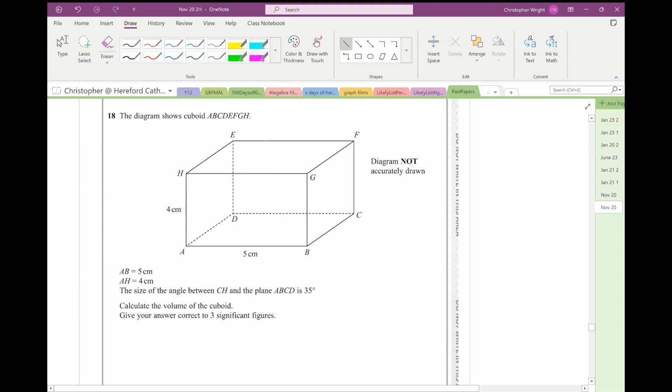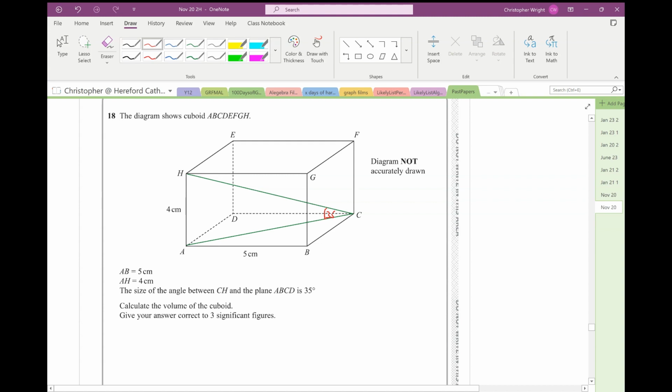And then I'm told that the size of the angle between CH and the plane ABCD, well the plane ABCD is the base, is going to be this angle as marked, with AC being the diagonal across the base of the cuboid. That angle apparently is 35.